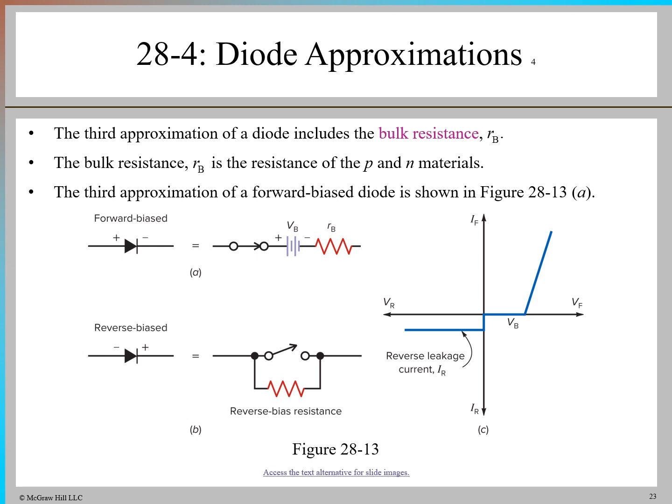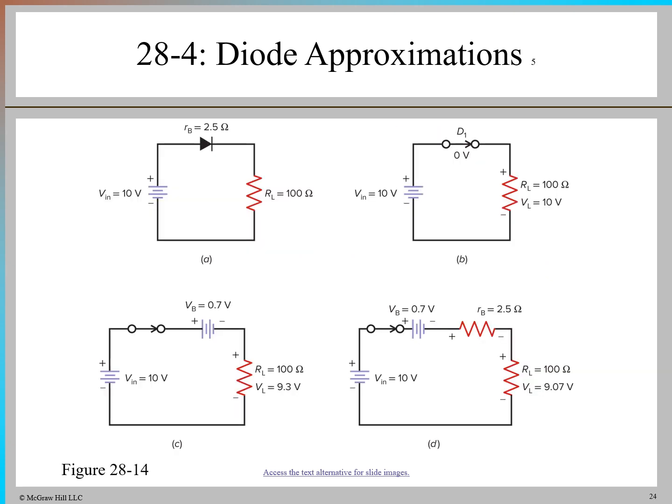In this slide, we see how different diode approximations are applied to a circuit to calculate the voltage and current values. Figure A, the original circuit, represents the diode with its real-world characteristics and behavior. Figure B, the first approximation. In this simplification, a forward bias diode is treated as a closed switch, and a reverse bias diode is treated as an open switch.